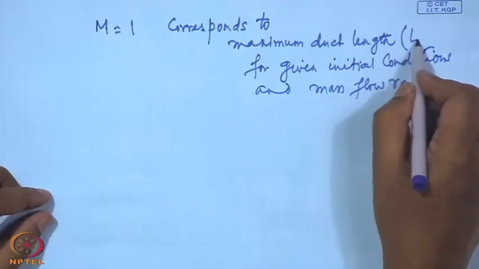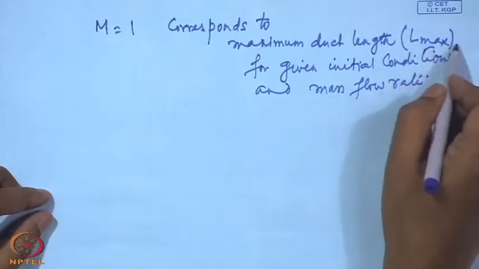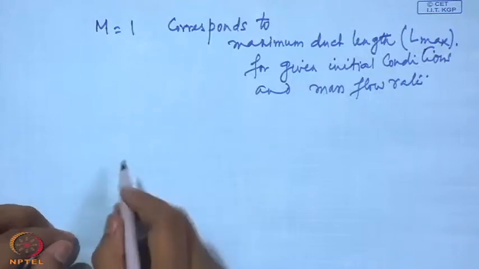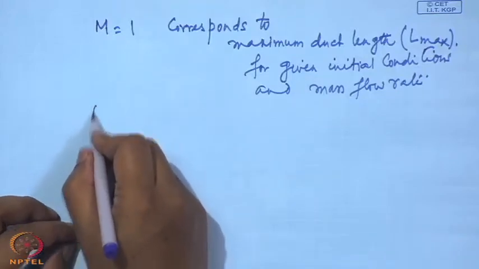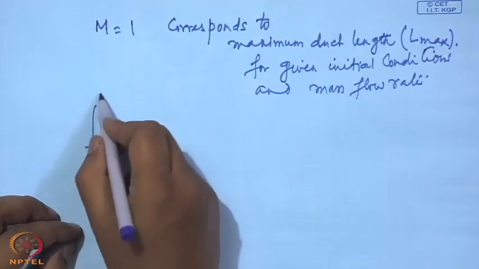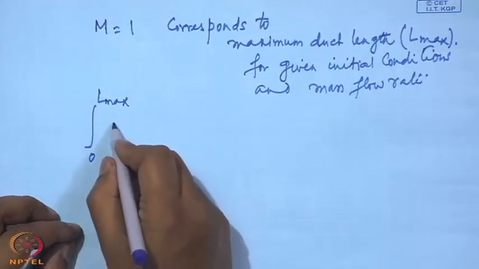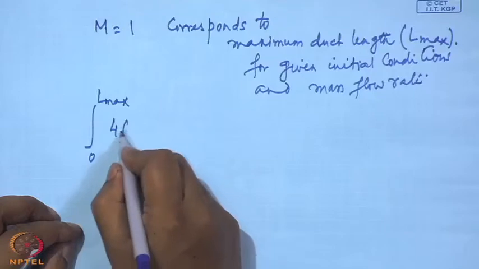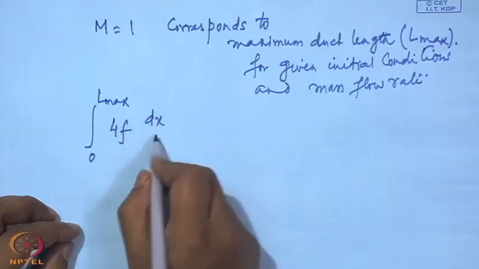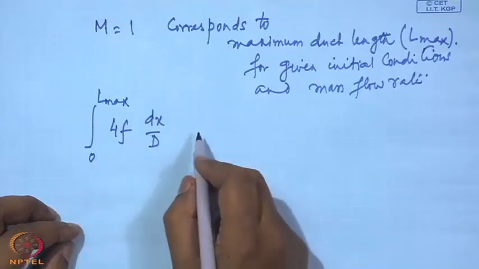Maximum duct length will be denoted as L max. So, we can integrate from 0 to L max for f dx by D.